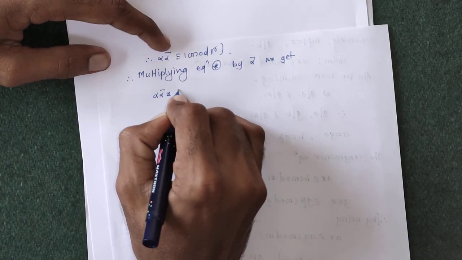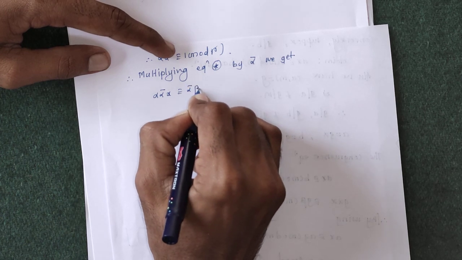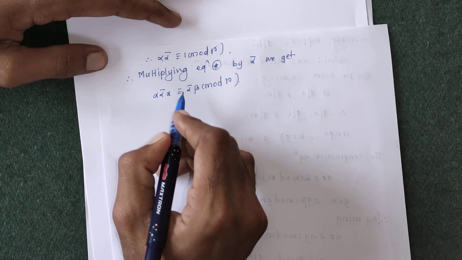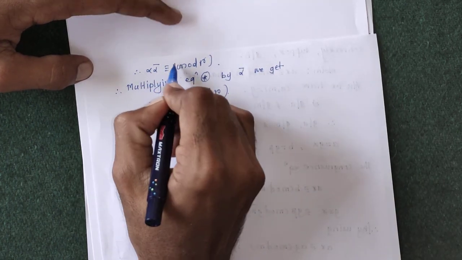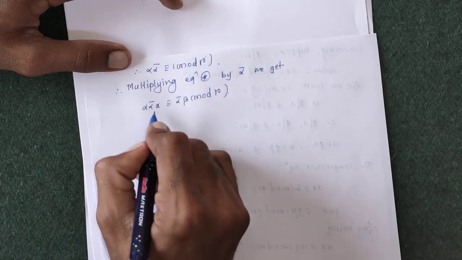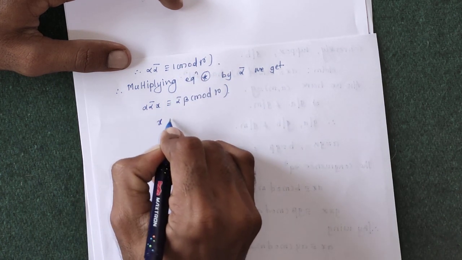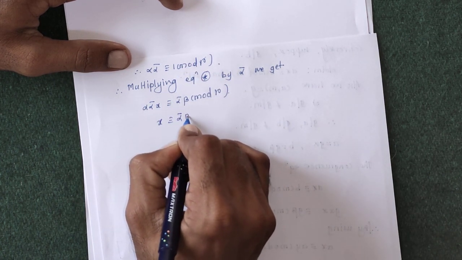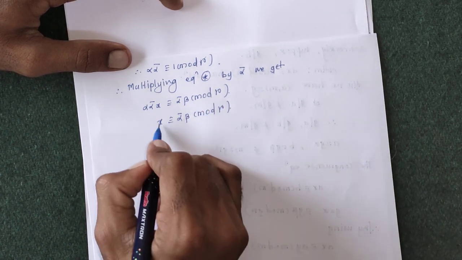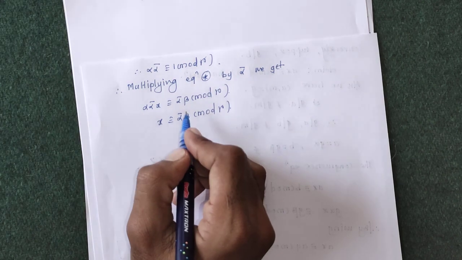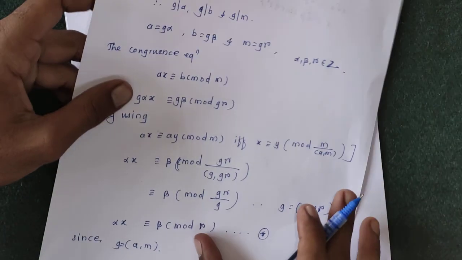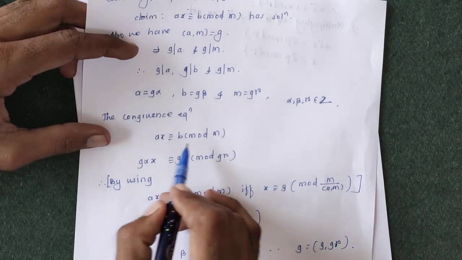Alpha bar x is congruent to alpha bar beta under modulo gamma. Now by this congruence, we have alpha bar is congruent to 1 under modulo gamma. So we write x is congruent to alpha bar beta under modulo gamma, and hence x equals alpha bar beta will be the solution of the congruence ax is congruent to b mod m.